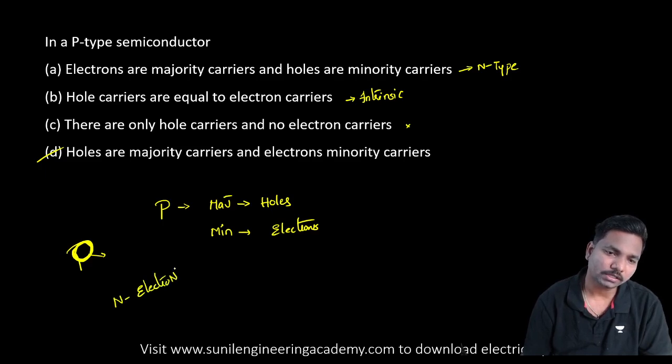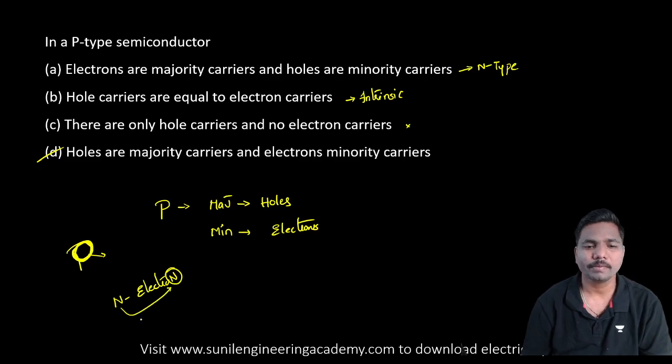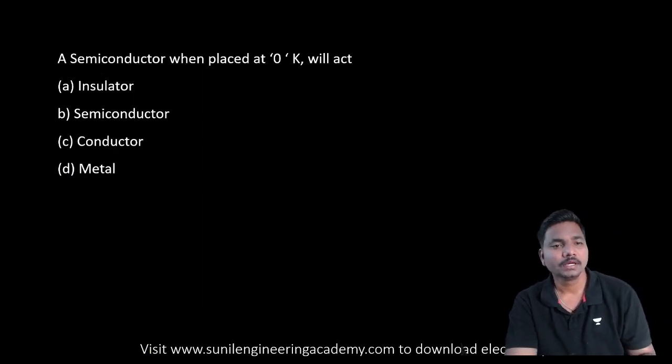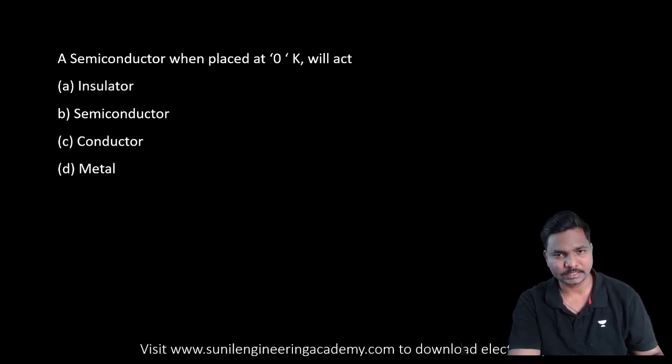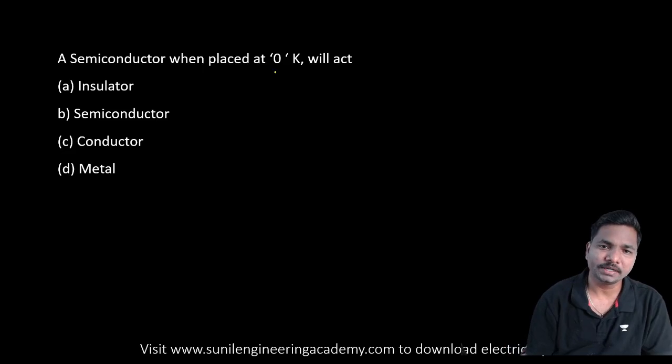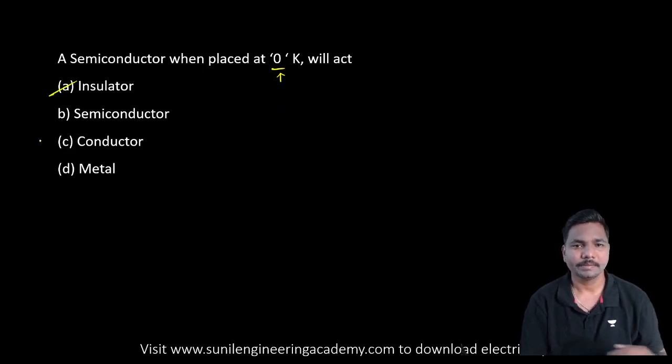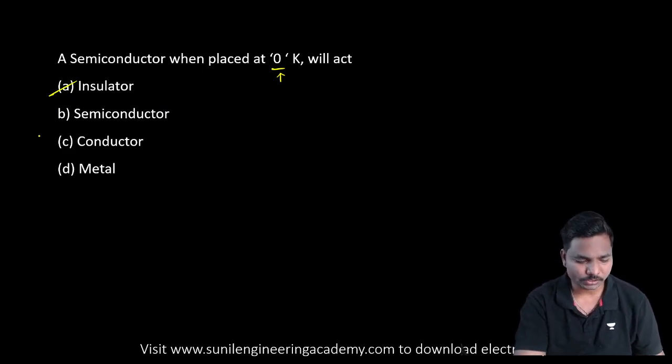So you can remember in N, electrons are more than holes. That is a simple remembering trick. A semiconductor when placed at 0 Kelvin will act as dash. At 0 Kelvin, the energy gap is more, so it may not allow the electricity, so it will act as the insulator. Semiconductor will act as the insulator.